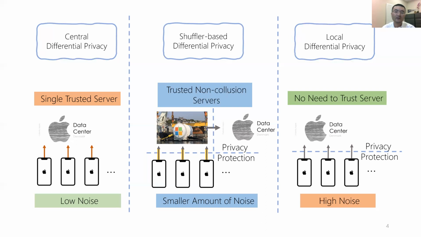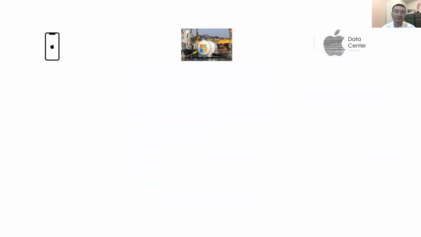For example, here, the original server is Apple and the newly introduced server or the shuffler is from Microsoft. So the companies will cooperate and collaborate, but they will not collude with each other. On the other hand, this model has the advantage that it introduces much less noise than the local differential privacy model. So how does this model work?